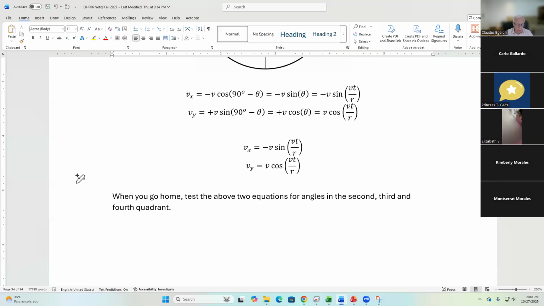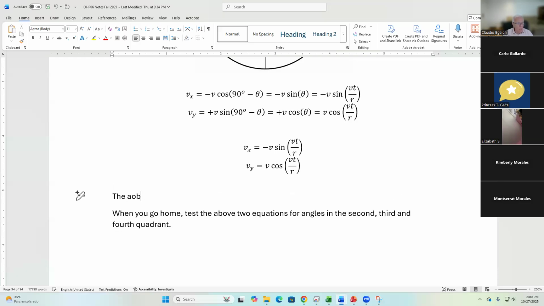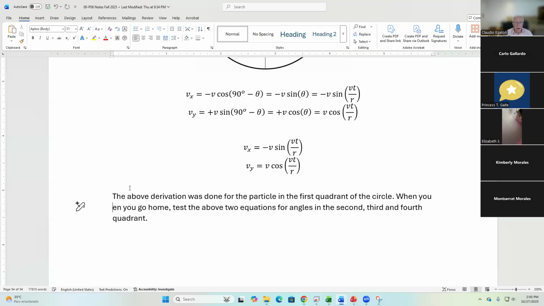The above derivation was done for the particle in the first quadrant of the circle. When you go home, test the above two equations for the particle in the second, third, and fourth quadrant.